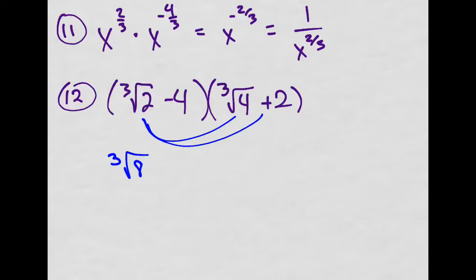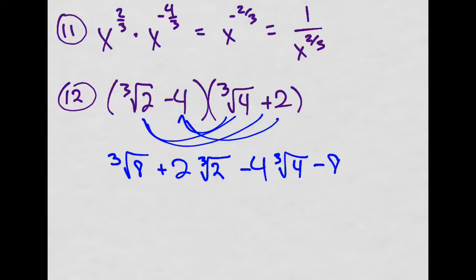Outer plus 2 cube roots of 2. Let me make sure you can see that is a cube root of 2, not an exponent. Inner is minus 4 cube roots of 4, minus 8. Anything that can simplify will be simplified. The cube root of 8 we know is 2.